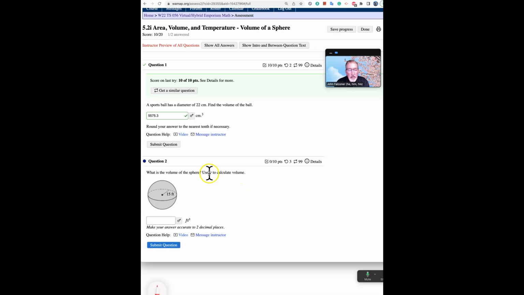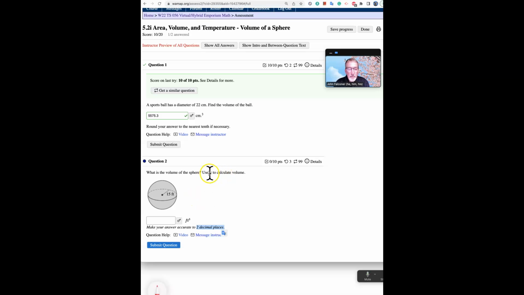When they say use pi to calculate volume, you're going to use the symbol pi, not 3.14. And they do want the answer in feet, but with an accuracy to 2 decimal places. So it's going to be 4/3 pi r, and your r here is 15 cubed. So 15 cubed times pi times 4/3.